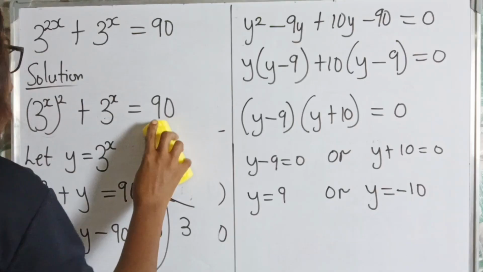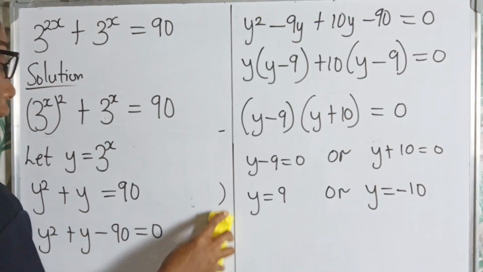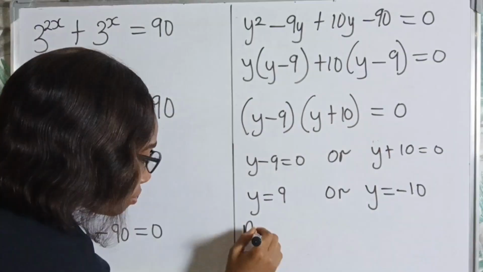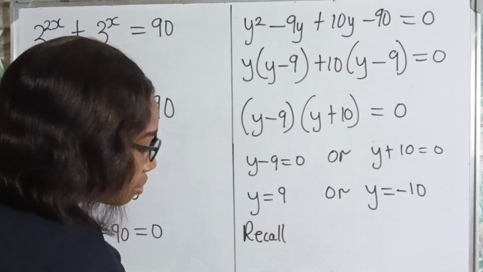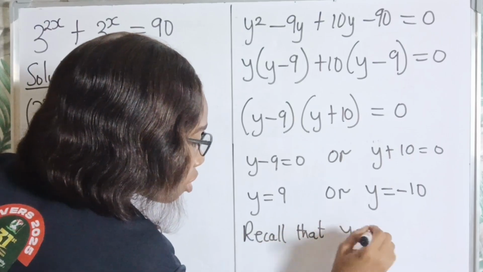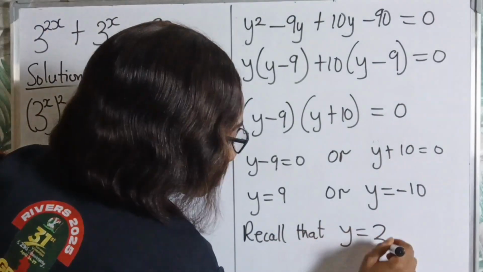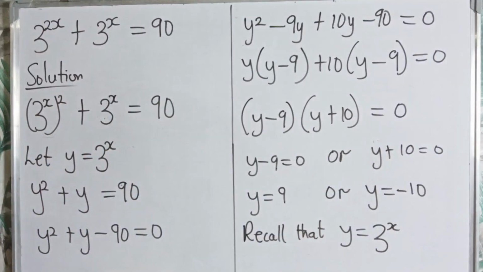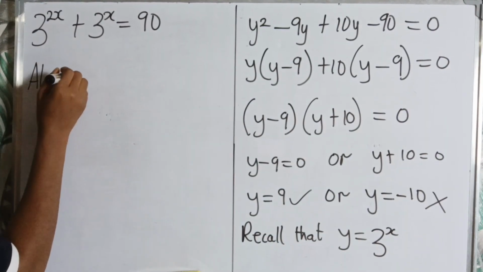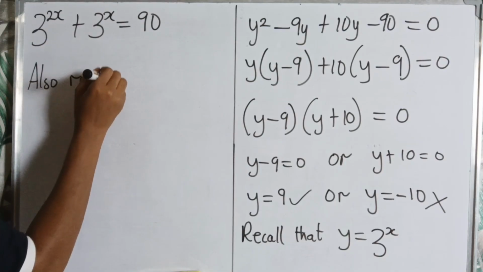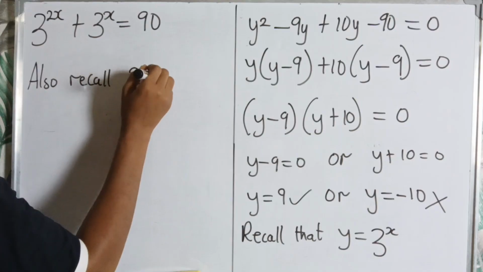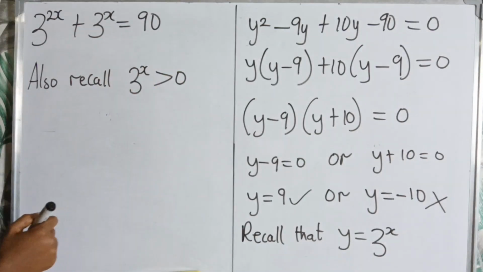But remember that our y is equal to 3 raised to the power x. So also recall that 3 raised to the power x is greater than 0.